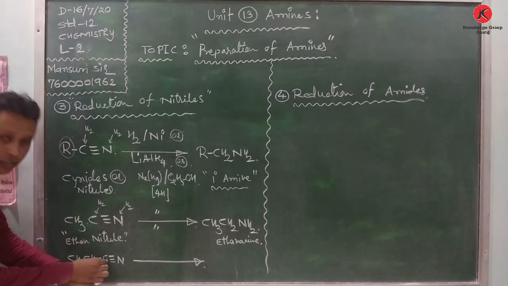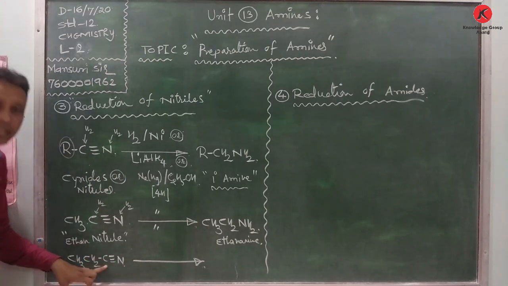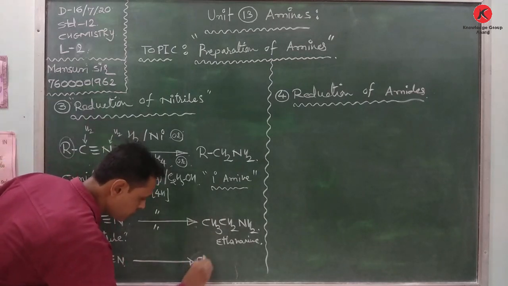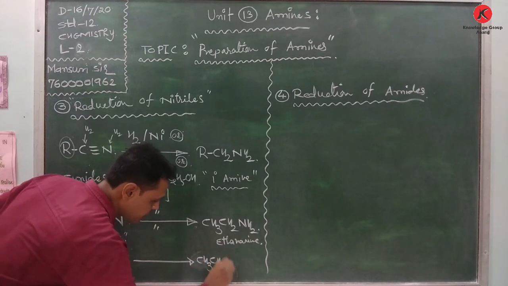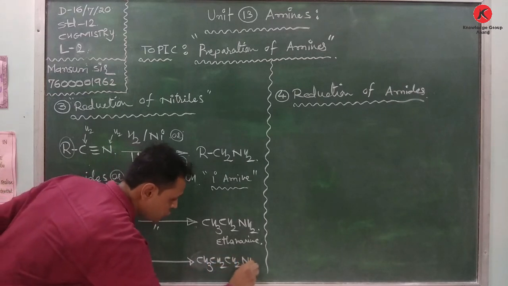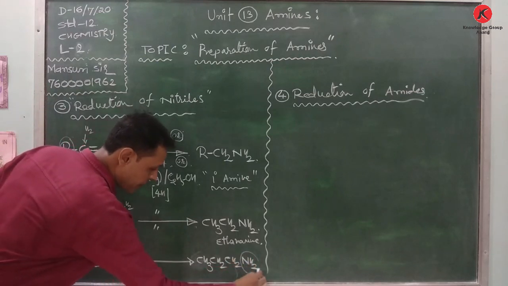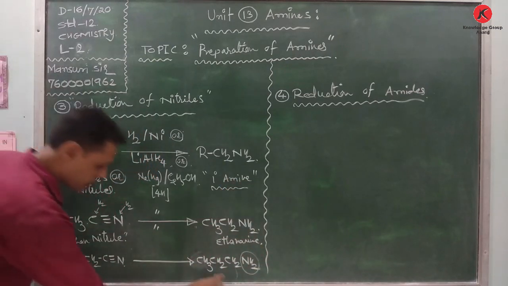Here carbon will take 2 hydrogen, nitrogen will take 2 hydrogen. That means we can obtain CH3CH2CH2NH2. This is 1-propanamine.